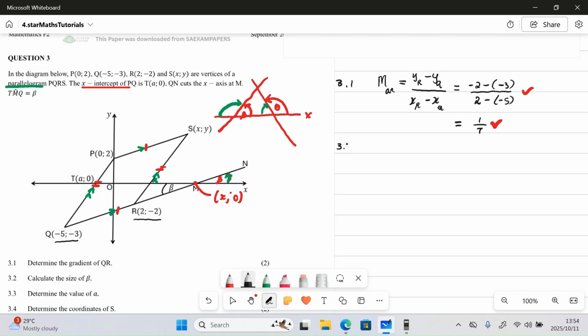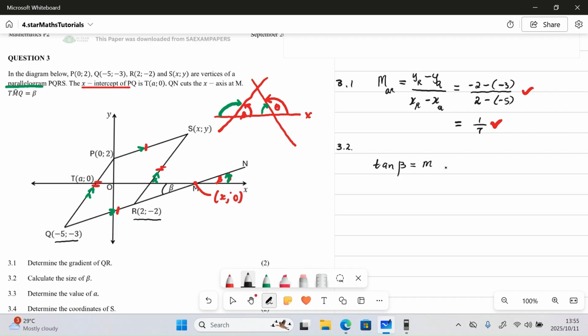Then what about 3.2? Calculate the size of beta. Remember when we were reading the statement, we discovered that beta is the angle of inclination of the line QN. So for us to find beta, we must find the angle of inclination of QN. Remember, if we want to find the angle of inclination, we need tan of the angle equals the gradient.